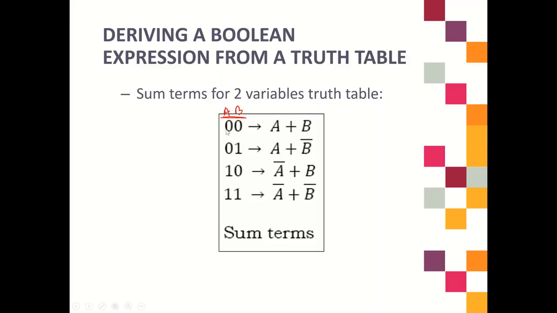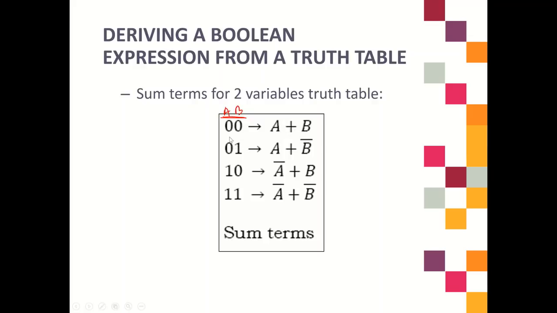Okay, so you tengok yang pertama ni, okay, the first value for A and B are 0, 0. Okay, so in this case, because both values are 0, and then when you perform operation of OR, you will get 0, right, by using this value. So that's why you don't have to complement the variables. Okay, so the sum term for 0, 0 is A plus B.